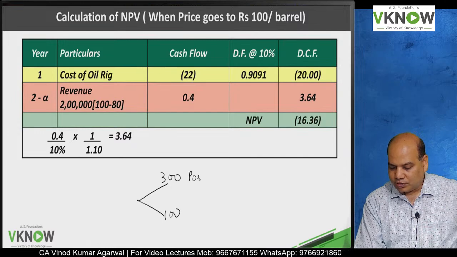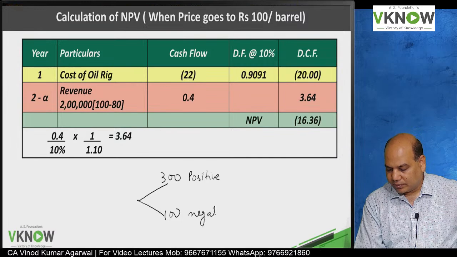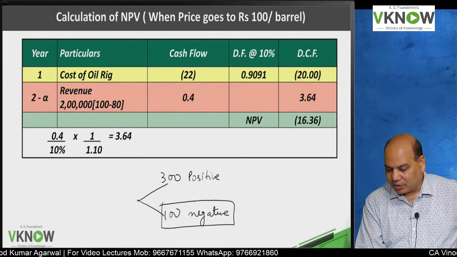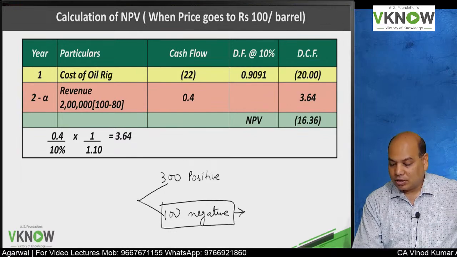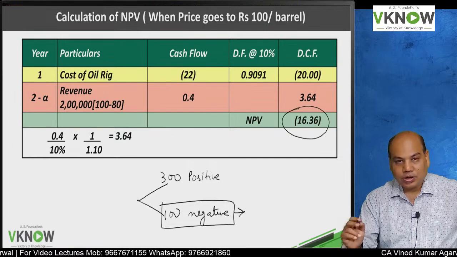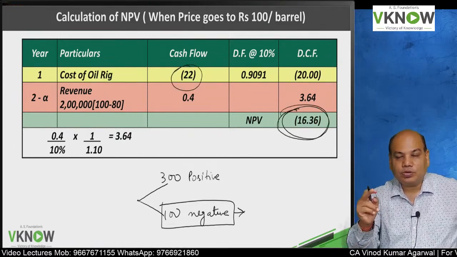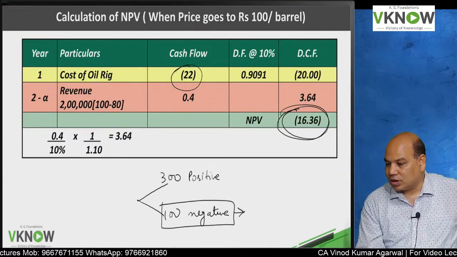NPV will be positive here, NPV will be negative here. After getting a negative NPV, would you still dare to start the project? After knowing that if I start the project I'll get a negative NPV, would you still start the project?